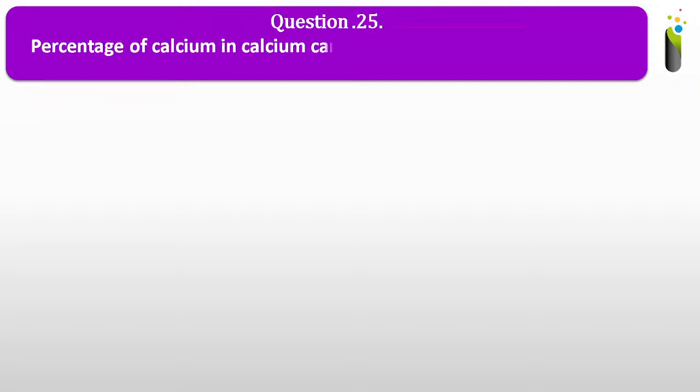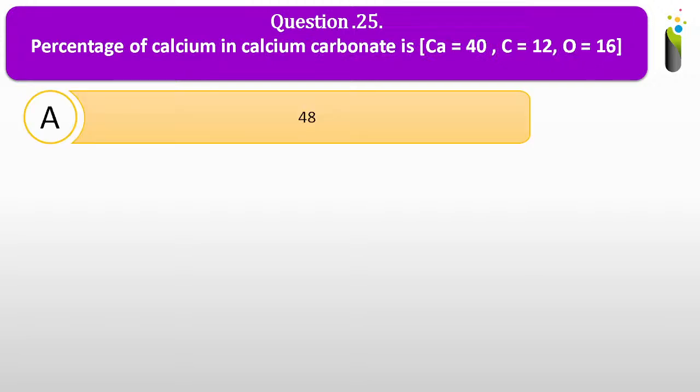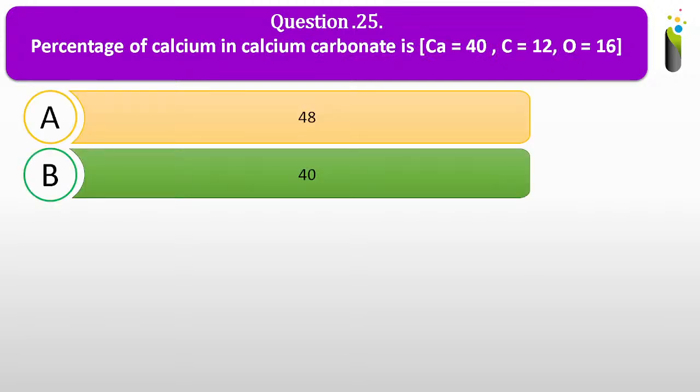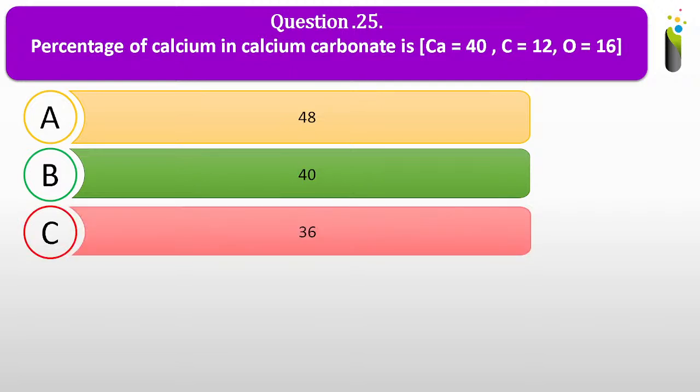Coming to the next, that is question number 25. Percentage of calcium in calcium carbonate is dash, wherein calcium is equal to 40. Is it B, that is 40, C, that is 36, D, that is 30?